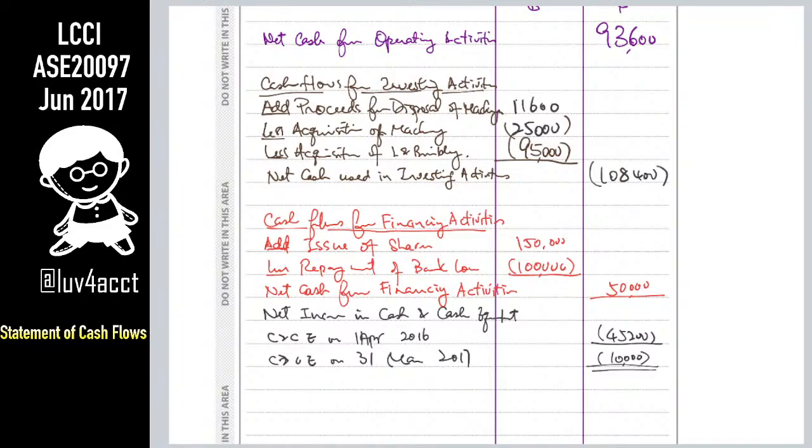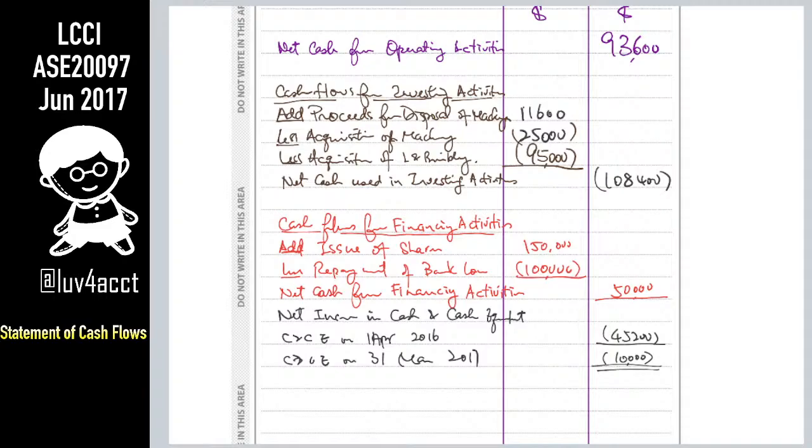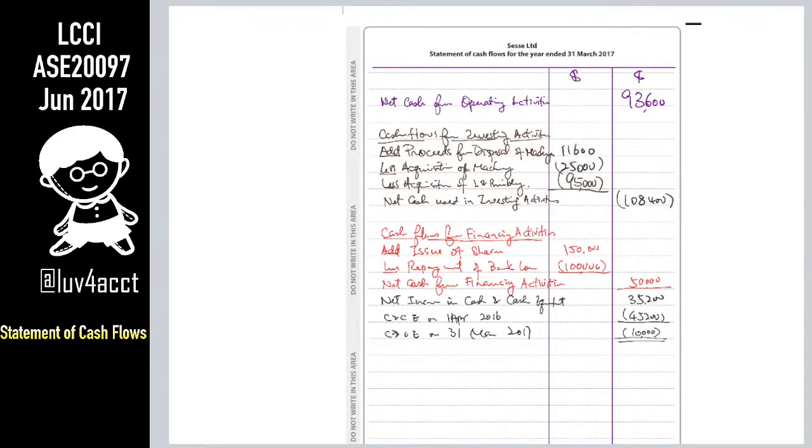Let's see if it is correct this time. 93600 minus 108,400 plus 50,000 will give you 35200. Yes, 35200. So statement of cash flows done.